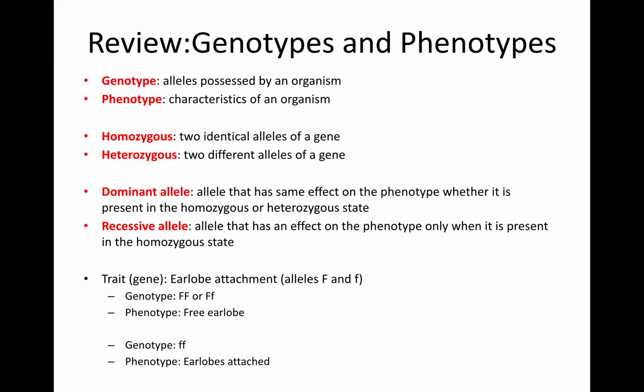So let's review some of these terms that we learned in 10th grade when we talked about genetics before, because they're going to pop up again. So whenever we're talking about someone's genotype, we're talking about their actual genes, so the DNA that they have for a trait.